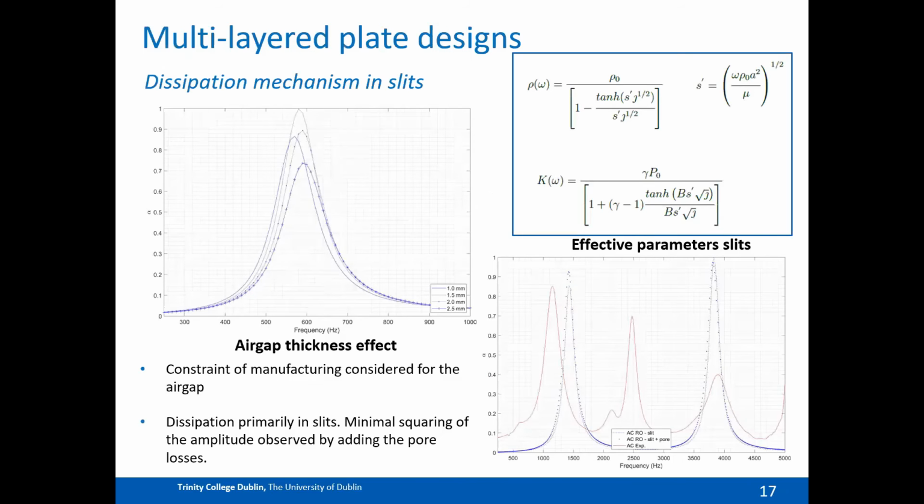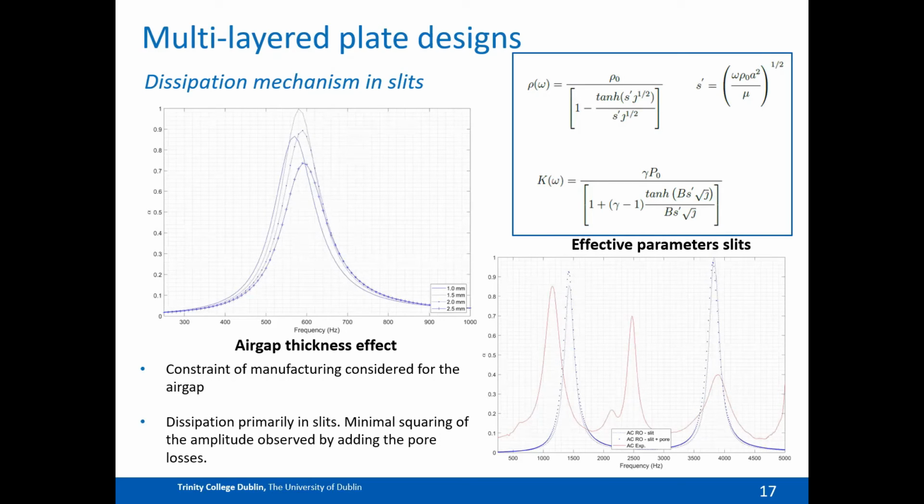Then for those plate designs, the focus was on the dissipative effect within the slits, within the air gaps of those plates. First, we investigated a stack of 8 cells, ranging from 32 millimeters to 56. You get quite low absorption at 600 hertz.